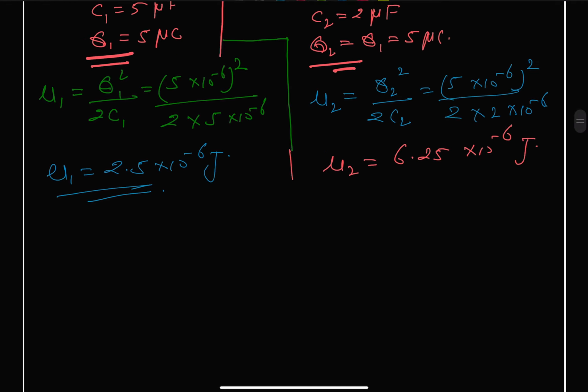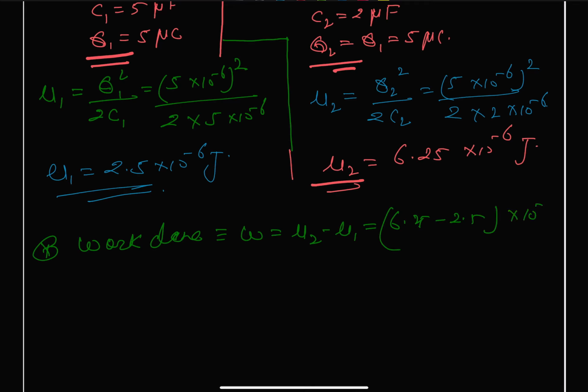Work done is the difference between the energies. So we can say work done W is equal to U2 minus U1. U2 is 6.25 minus 2.5, into 10 to the power minus 6.